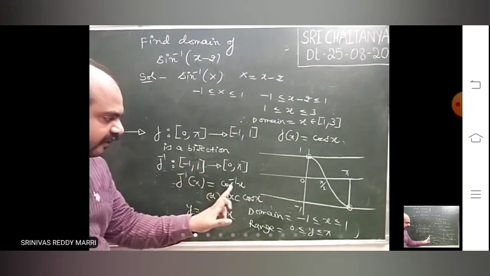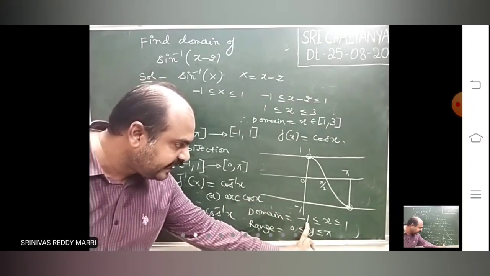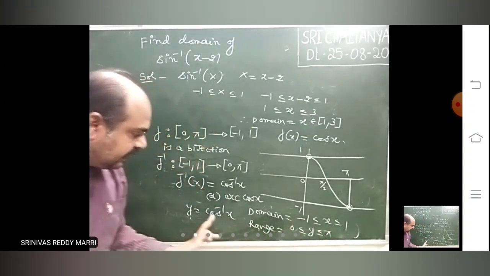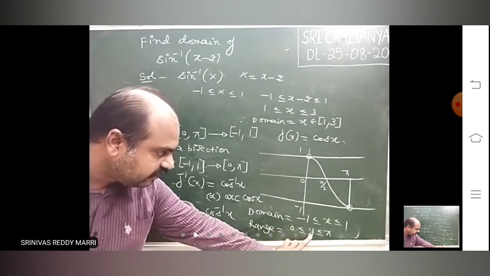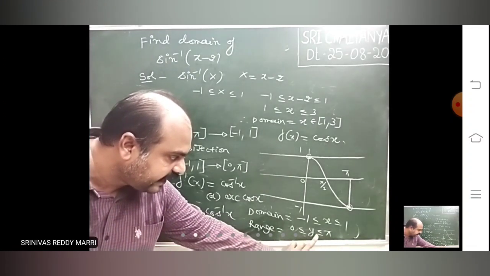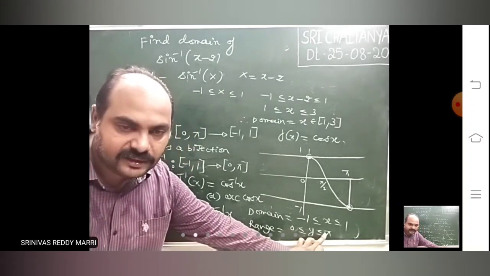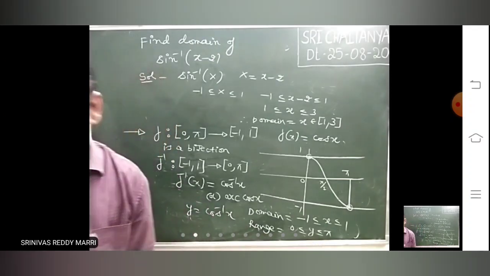The domain of cos inverse x is the same as sin inverse x, -1 less than or equal to x less than or equal to 1. The range of cos inverse x is 0 less than or equal to y less than or equal to pi. Minimum value is 0, maximum value is pi.